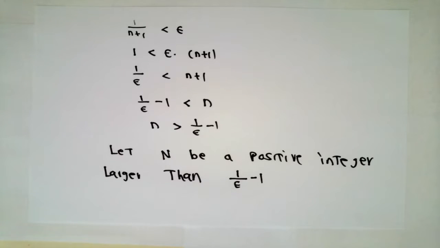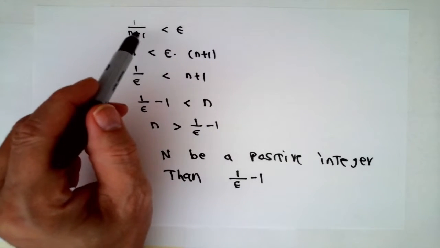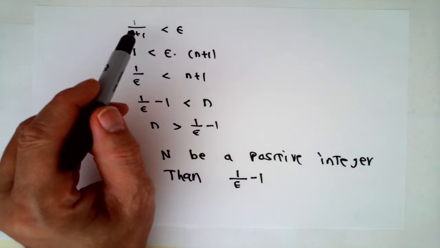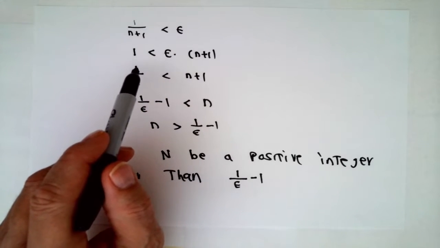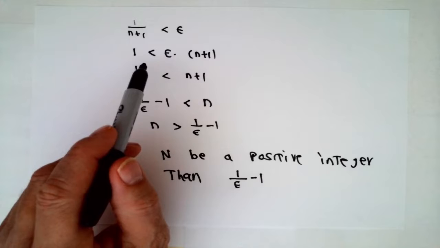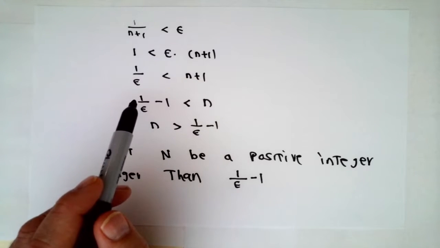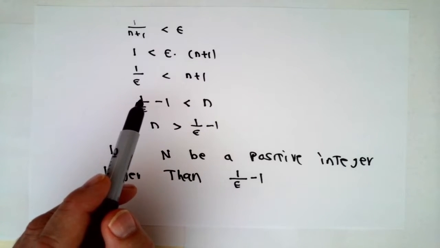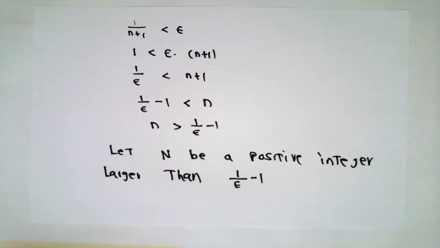To see when this happens, I'll just solve an inequality. Remember that you can multiply both sides of an inequality and divide both sides by positive quantities, and it doesn't change the inequality symbol. So taking the thing that I'm interested in having happen, multiply both sides by the positive number n plus 1, divide both sides by the positive number epsilon, then I can subtract the same number from both sides of the inequality.